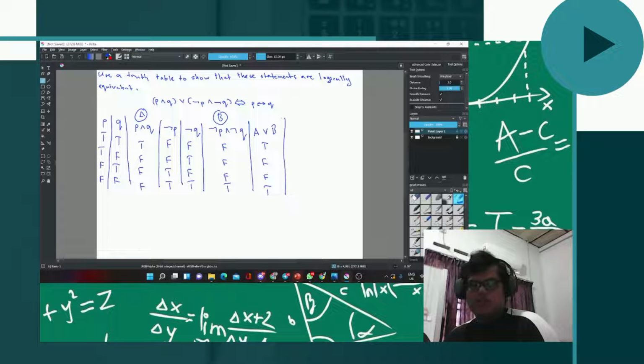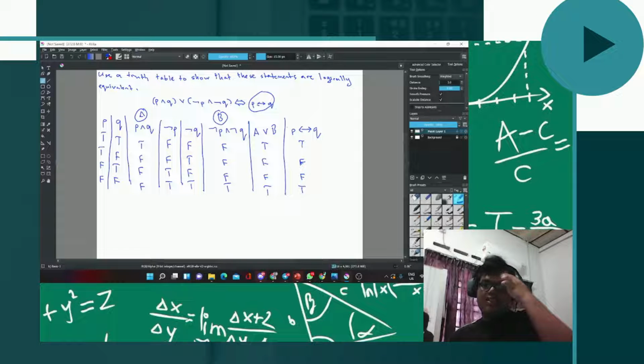And then we look for P biconditional Q, which is true, false, false, true.